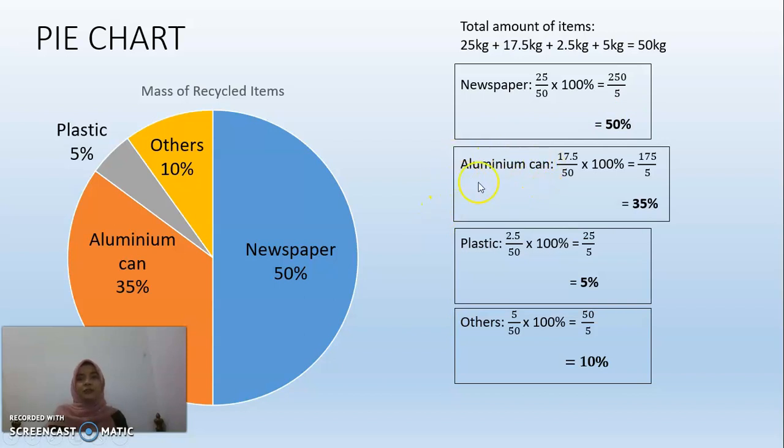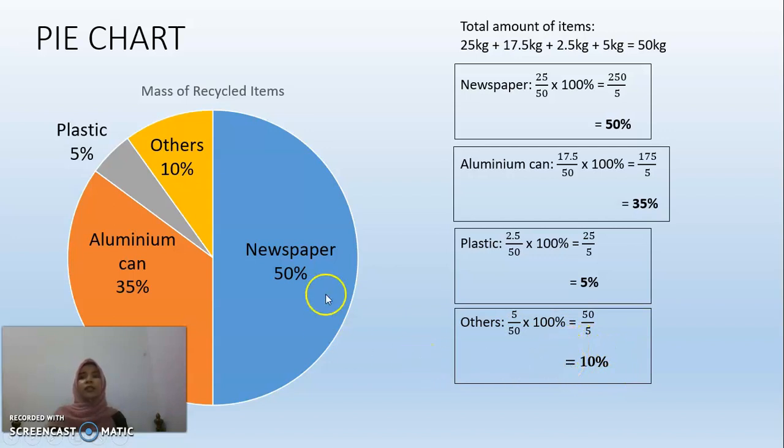As you can see here, aluminium can, 17.5 kilogram over 50 kilogram times 100, 35%. Plastic, 2.5 kilogram over 50 kilogram times 100%, 5%. And lastly, others, 5 kilograms over 50 kilograms times 100%, the answer is 10%.